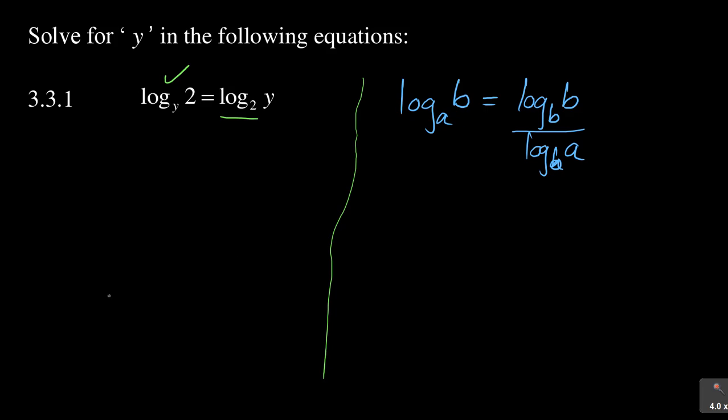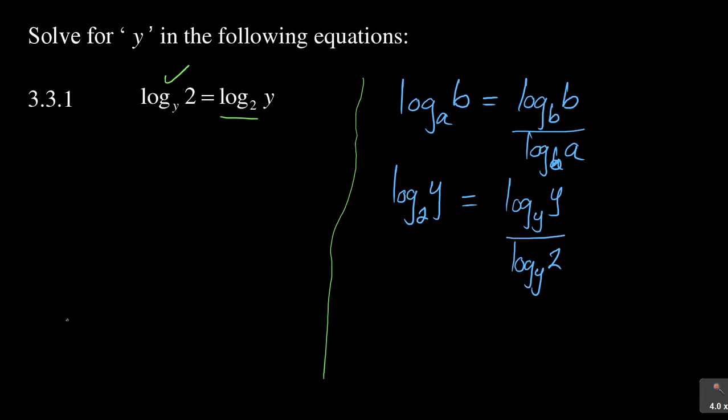So that is how you convert that. So I can also take the same argument, log base 2 of y, and make it into base y. I will have log base y of y over log base y of 2, because 2 is a base, it comes under like that.